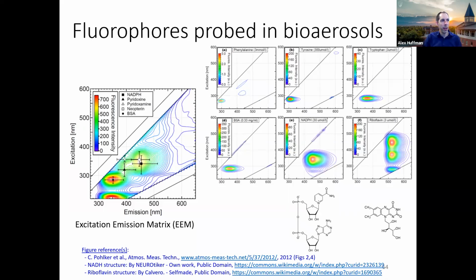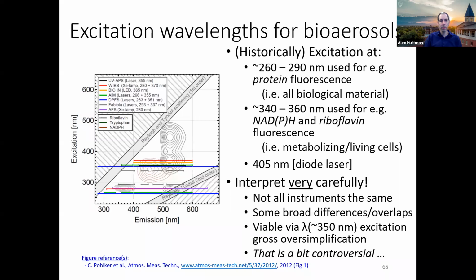And so this is kind of a summary of that, where we have a couple different instruments where so on the same excitation emission matrix on the y-axis, we have the excitation, and you see a bunch of lines at about the 350 nanometer mark, and then there's a bunch that are scattered kind of in the 260 to 280 range.